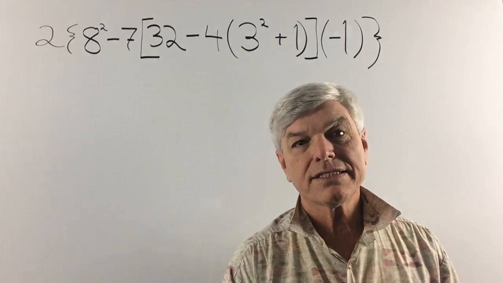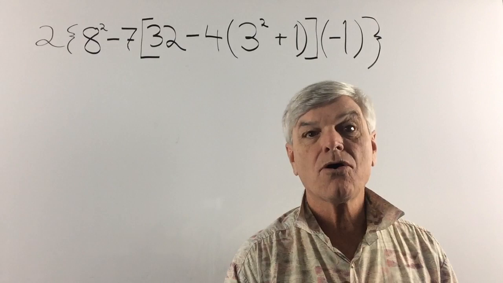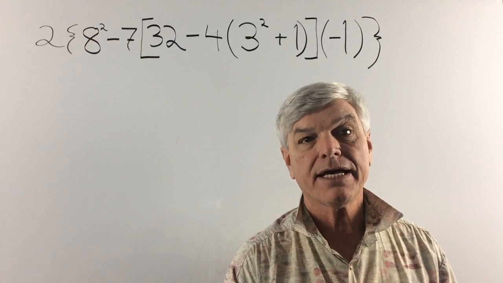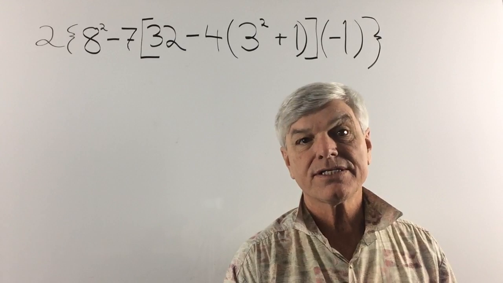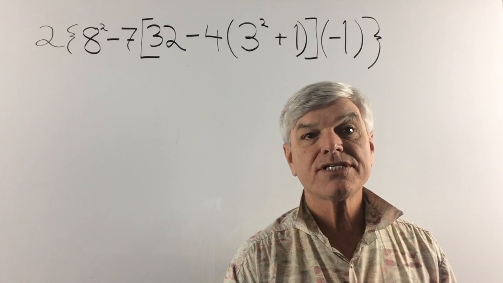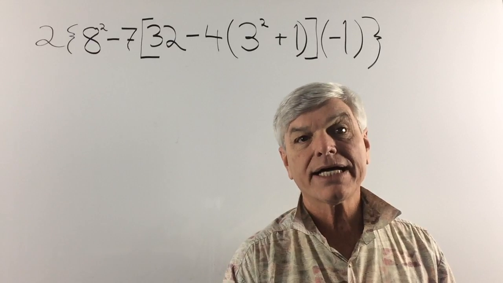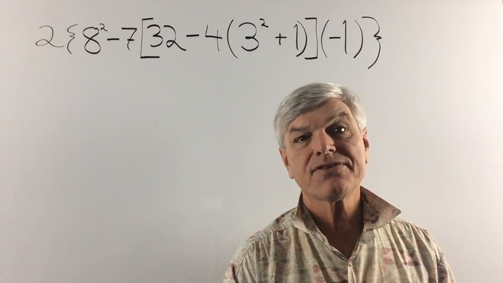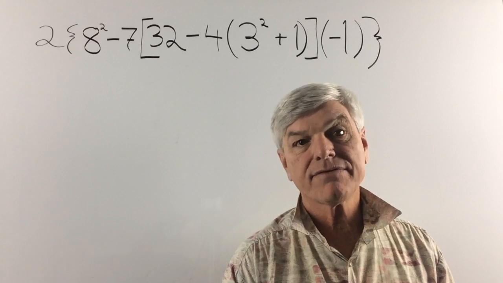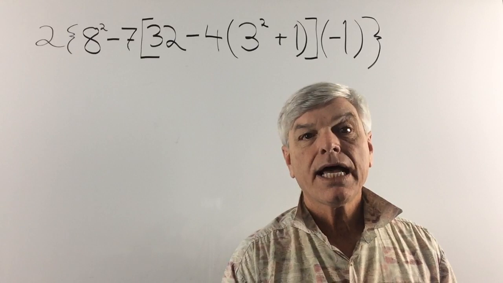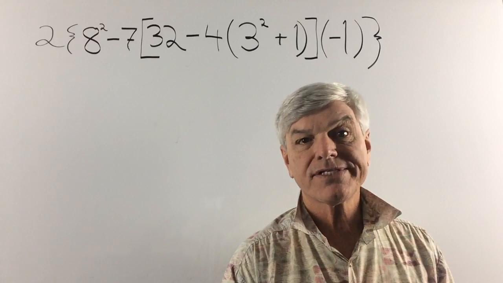Now in a problem like this, it's easy to get the answer wrong, not because it's difficult, but because there are so many places to make a mistake. Now the place where we're going to start is at the innermost parentheses. You know the innermost parentheses because they're the actual parentheses themselves, not the brackets, not the braces, but the parentheses themselves. -1 has taken care of itself, at least for right now, and there is a function to be performed at the parentheses next to that.